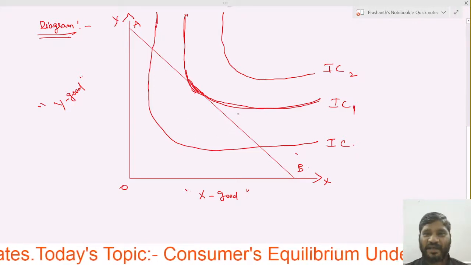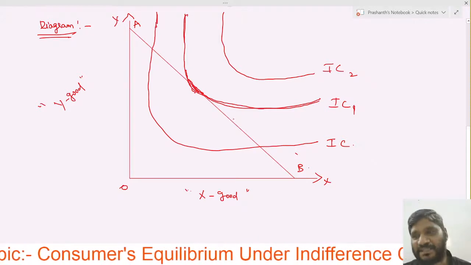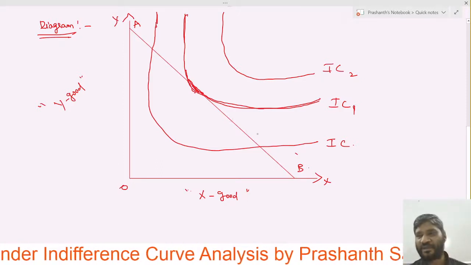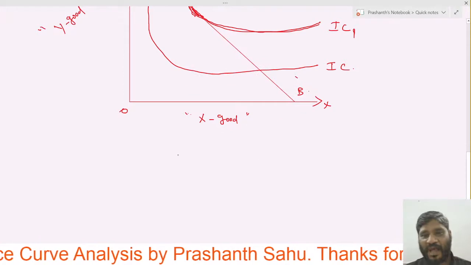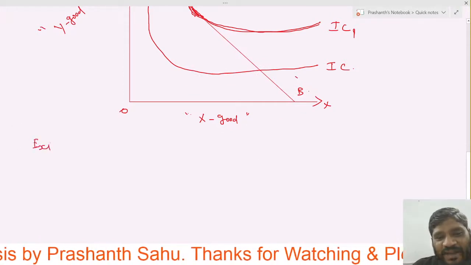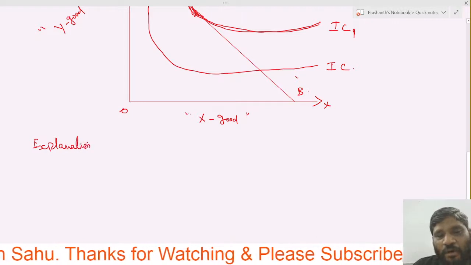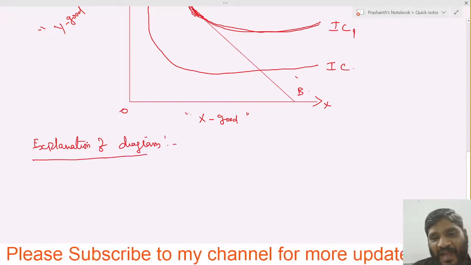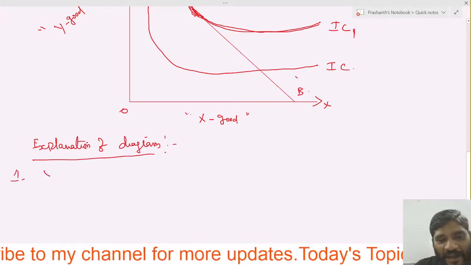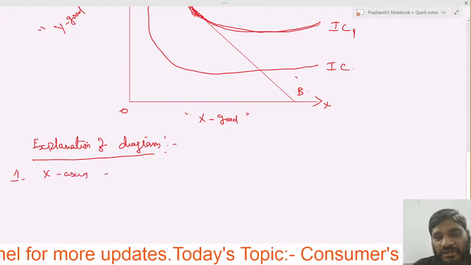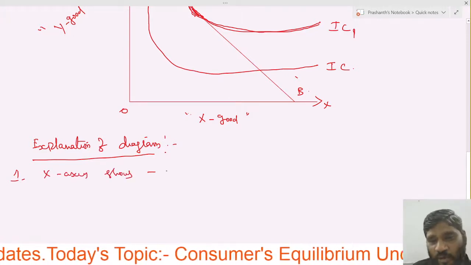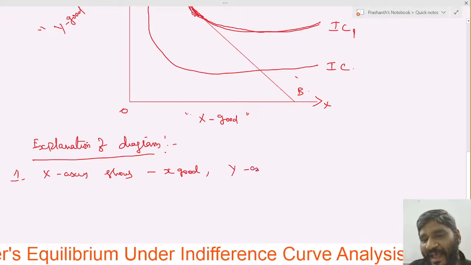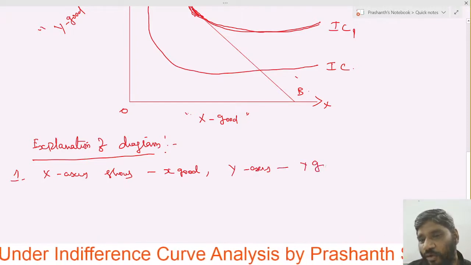Now let us discuss how we can say a consumer is getting maximum satisfaction. Under that, I am discussing here the explanation of the diagram. The first point we have to write: the x-axis shows x good, and the y-axis shows y good.